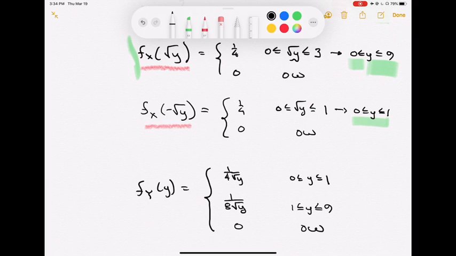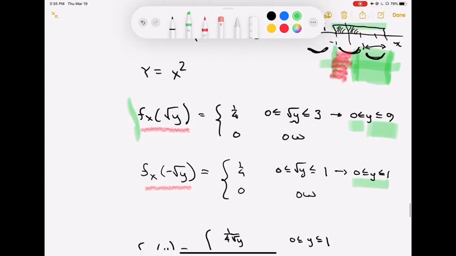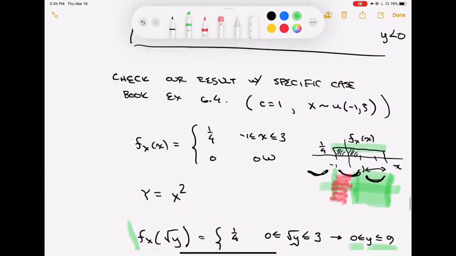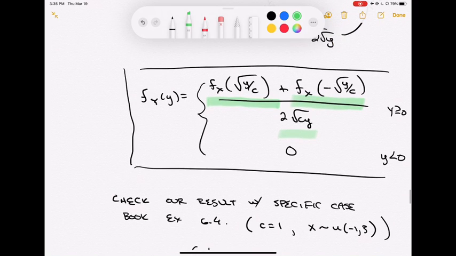So just a reminder, very quick, how we got this. If you take a look at my f_Y of y, we know that if we go back to our previous results, that f_Y of y had a couple of pieces being added together, f_X of root y by c plus f_X of minus root y by c, all divided by 2 root yc. C here is 1, so we're just going to start ignoring that.